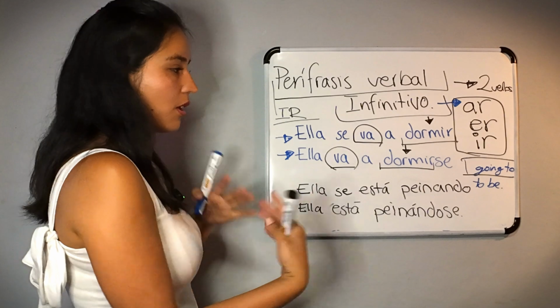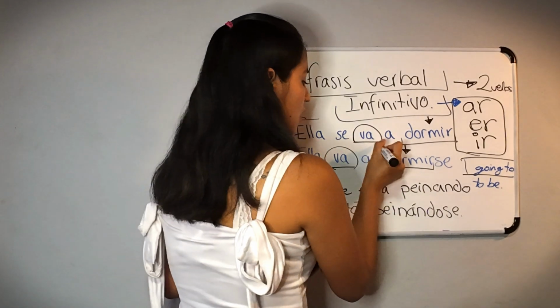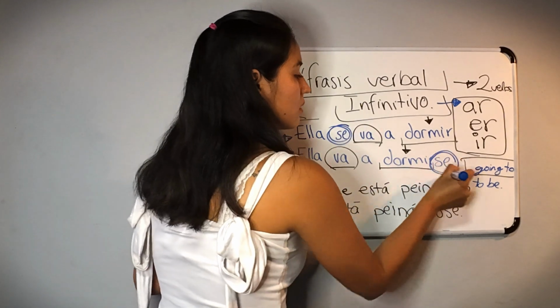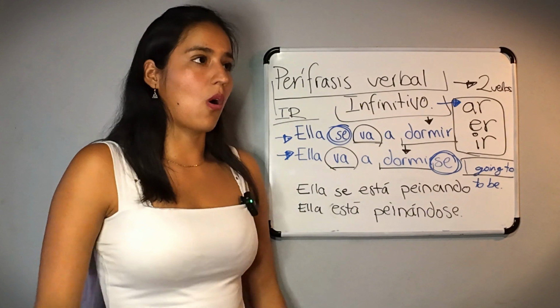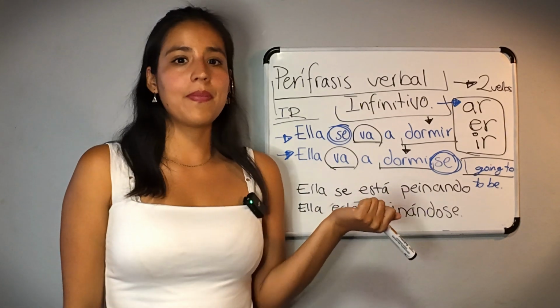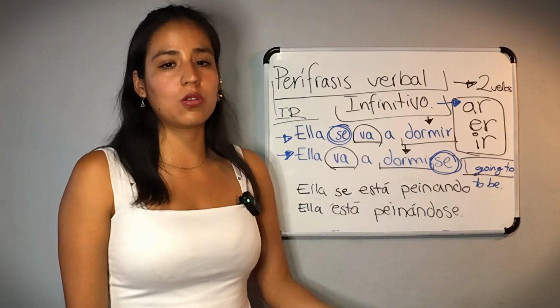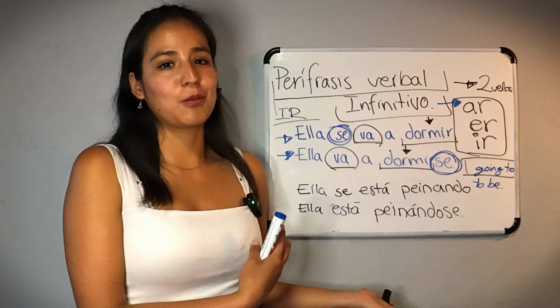For now, just focus on this. You can see how I put it in here and in here. This is why a lot of people get confused. A lot of people first learn the reflexive pronouns, but they do not learn this until it's too late, and they don't know what's going on. That's why I'm explaining this.